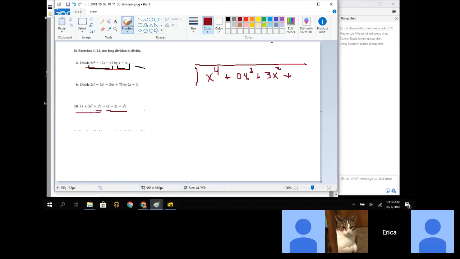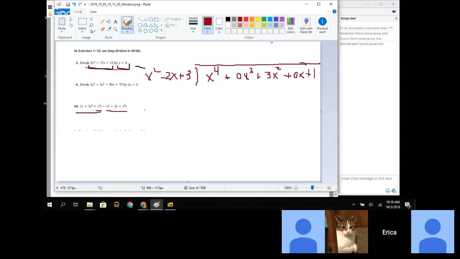We don't have an x, so we have 0x plus 1. Okay, so you'll see why that's important when we want to write out a division problem. So then we're dividing that by x squared minus 2x plus 3.